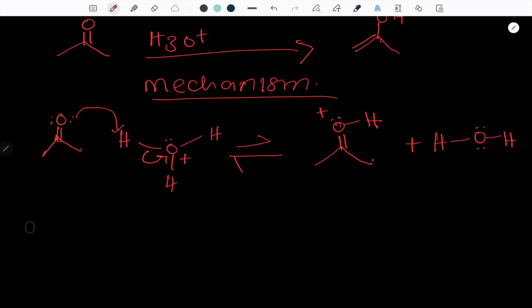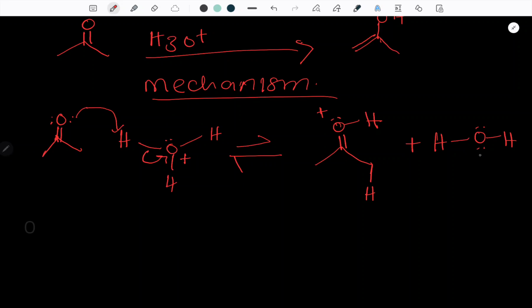So now, this carbon and this carbon are both alpha carbons, which contain alpha hydrogens. I'm going to use one of the alpha hydrogens. If you want, you can use the alpha hydrogen from here because they are both acidic in nature.